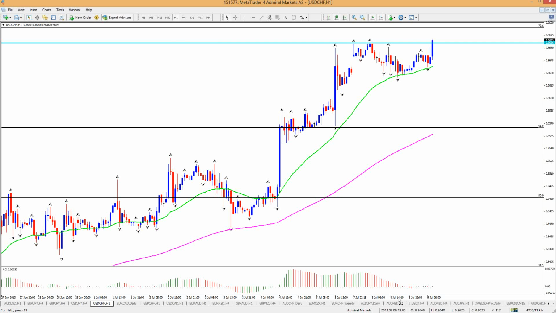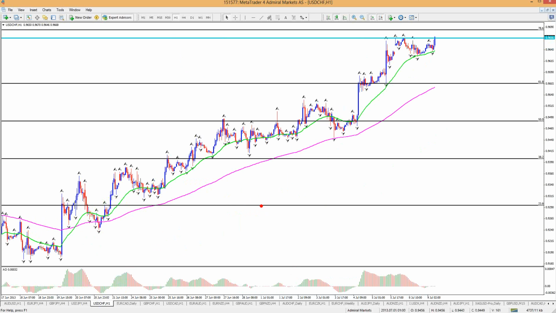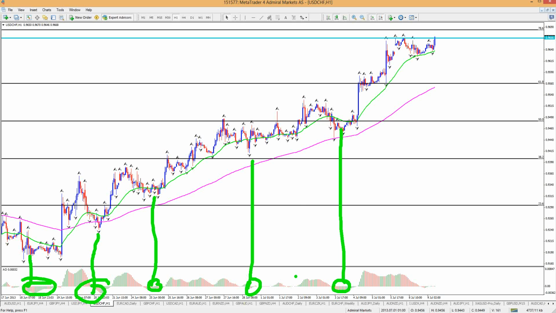Here too, any move back to the zero line is a potential of the correction being over. So here too, that would be valid. So anytime the AO goes back to the zero line, there is a potential of it being a good dip, basically.